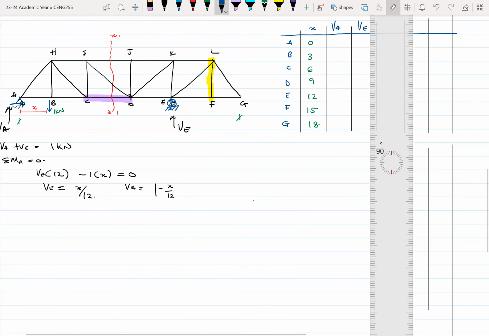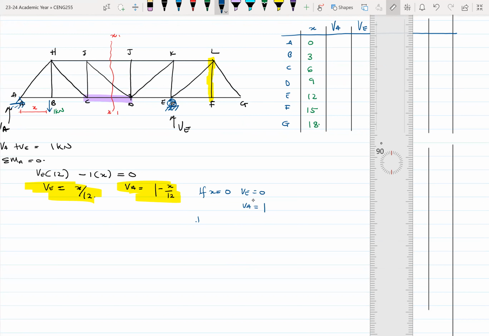So just take these equations as we see them and then put in the value of X. So if X is equal to 0, VE will be 0 and VA will be 1.